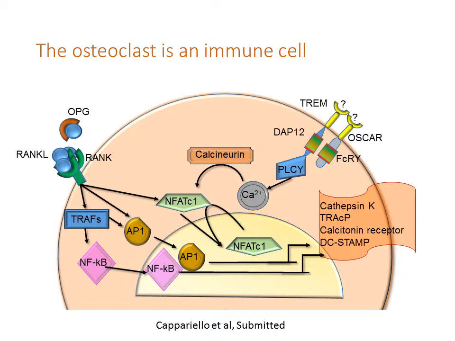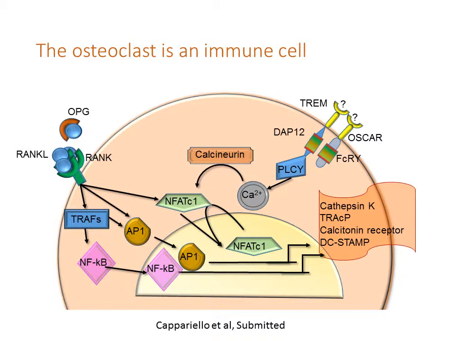However, RANK is not sufficient to fully activate this mechanism, but requires the cooperation of other receptors, for instance TREM and OSCAR, which are associated to typical co-immune receptors, DAP12 and Fc receptor gamma. Only the activation of these co-receptors induces a full activation of the intracellular signaling to osteoclastogenesis.